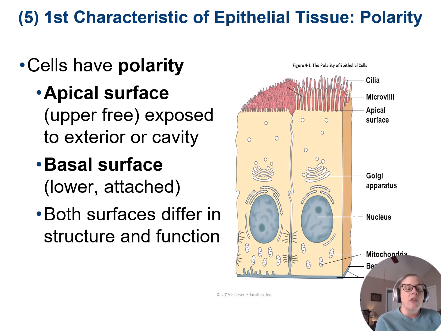This top part is called the apical surface, and the apical surface is either exposed to the outside world, like with the epithelium on our skin, or it's exposed to the interior of a body cavity, like the lumen or the inside part of a blood vessel. Conversely, the bottom part of the epithelial tissue is called the basal surface, and the basal surface is attached to connective tissues that support the epithelial tissue.